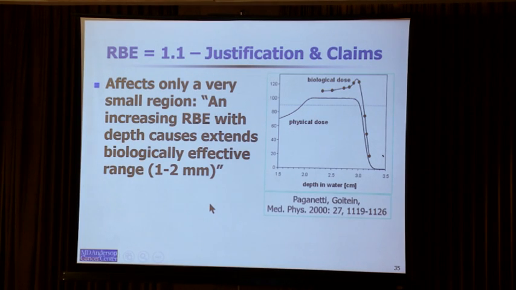And the justification is that it affects only a very small region at the tail end of the proton beam. So if this is the spread out Bragg peak of the proton, they feel that it happens only in this region, and all you need to do is extend the proton range by a couple of millimeters, and then if you multiply this by 10%, maybe a tiny little region here may be affected, but that's not important enough to worry about.